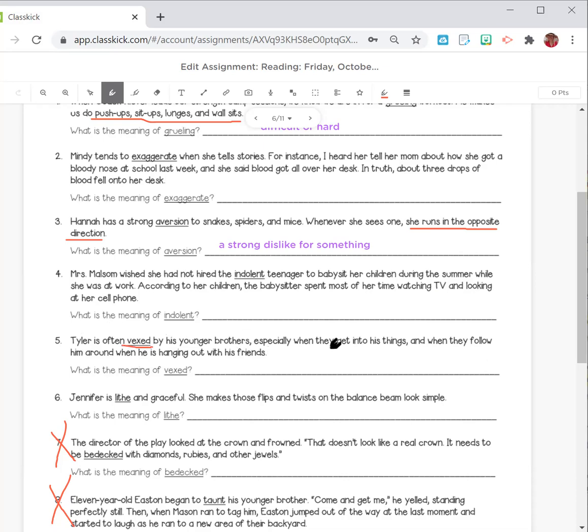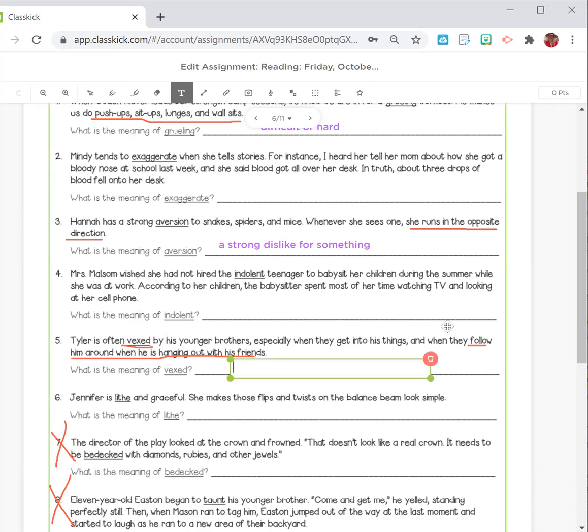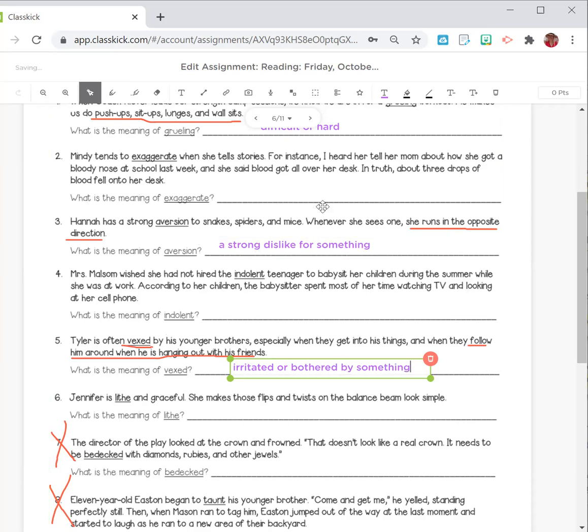So vexed means irritated. So our clues are that his younger brothers were following him around all the time and irritating him. Irritated or bothered by something. Complete the evens. Make sure you have all of the things I wrote out on yours as well.